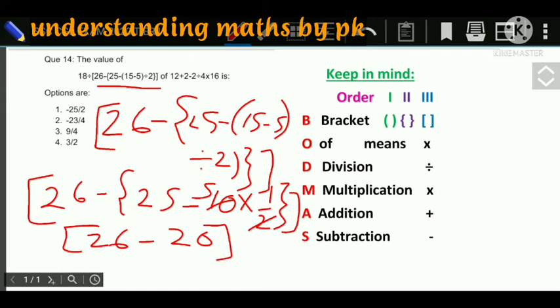Now 26 minus 20 is equal to 6. So for the marked portion value comes 6.